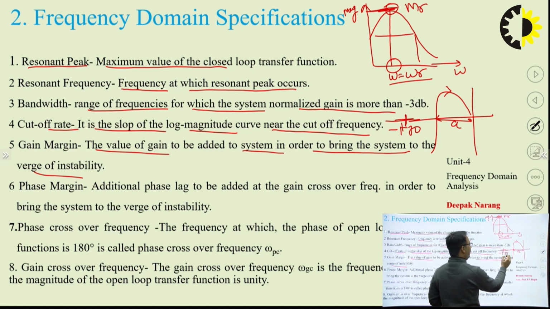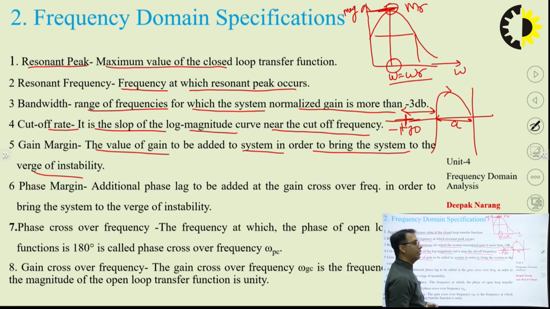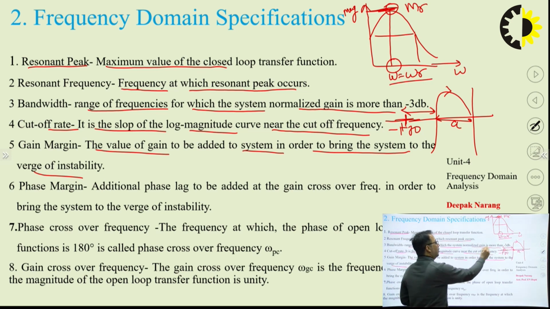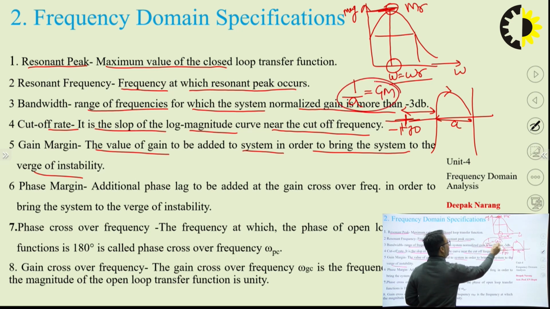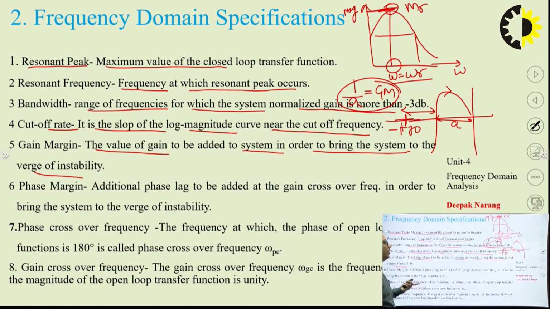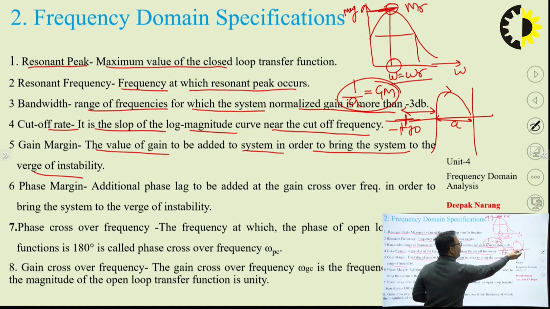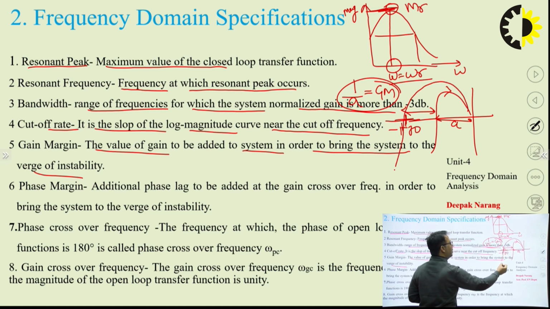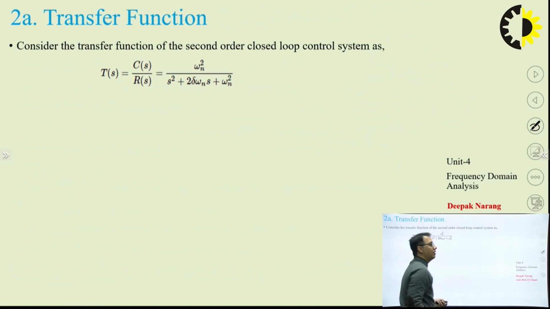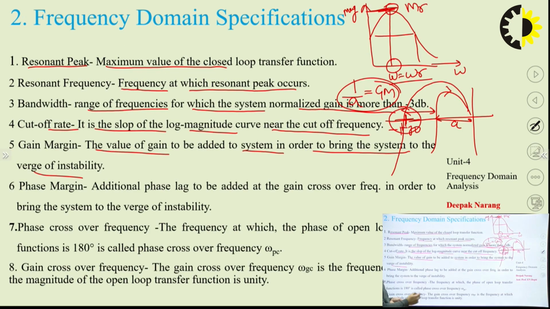So here this gap is termed as gain margin. So 1 by A is equal to gain margin. Okay, it means if we multiply the system gain by 1 by A, then the response will approach this point and it will bring the system to the verge of instability.